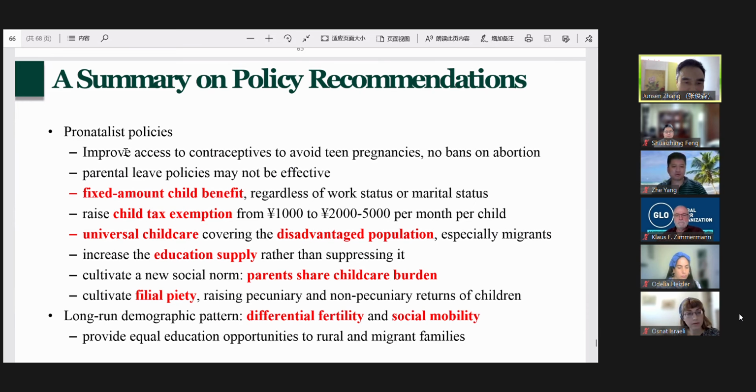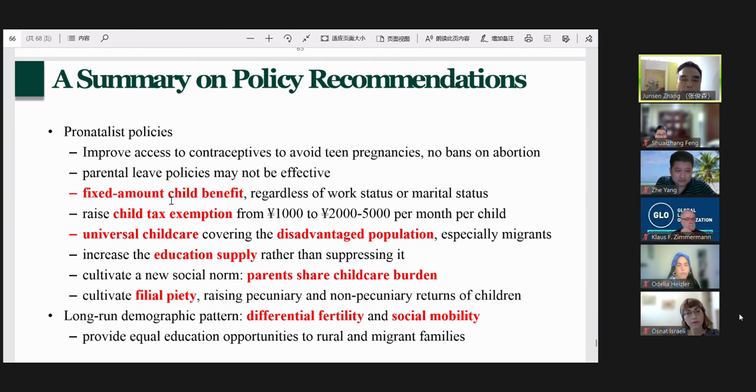On the pro-natalist policies, we argue that we should improve access to contraceptives to avoid teenager pregnancy, and no bans on abortion. And we find parental leave policy may not work. Several studies have shown that parental leave policy does not seem to work.